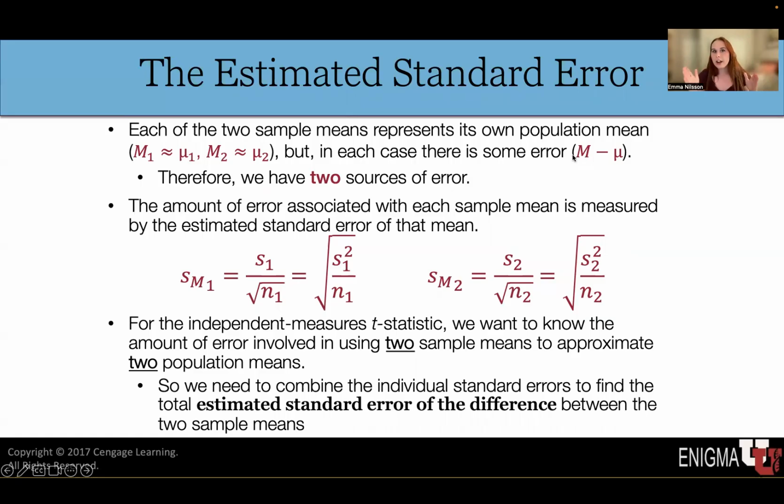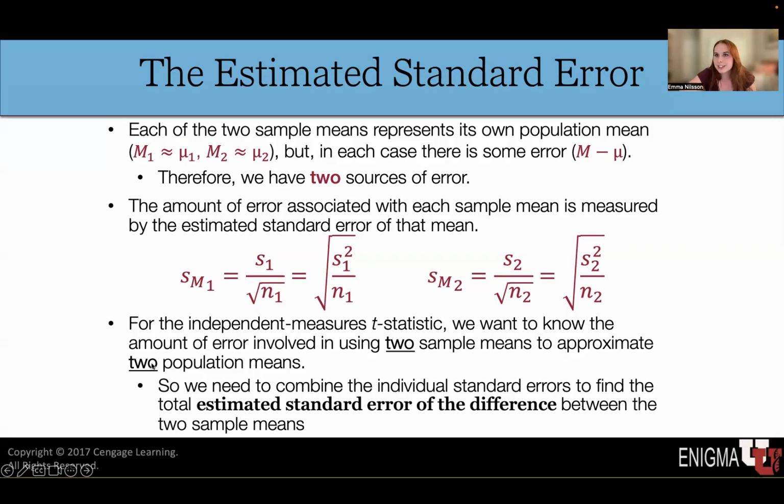And then there's another error when we use the mean of sample 2 to estimate the mean of population 2. That's two separate sources of error. So the amount of error associated with each sample mean is going to be measured by the estimated standard error of that mean. Estimated standard error of mean 1, estimated standard error of mean 2.